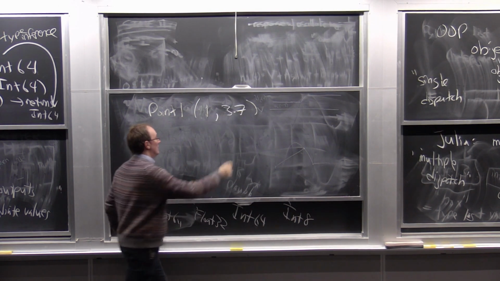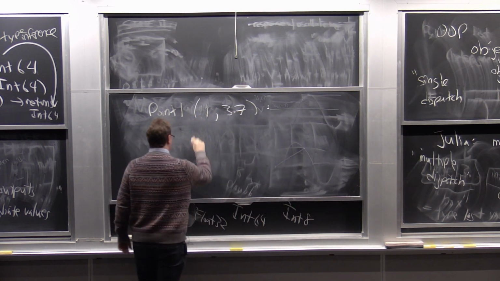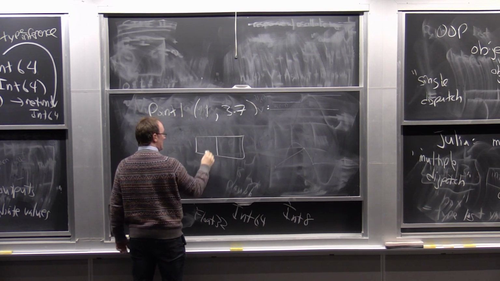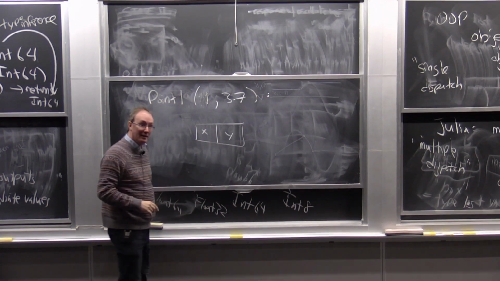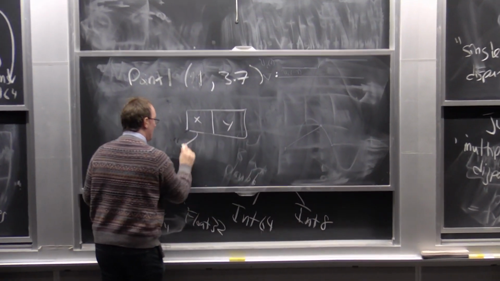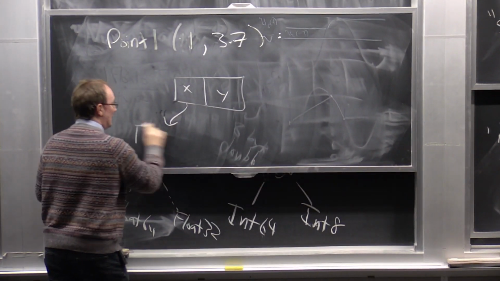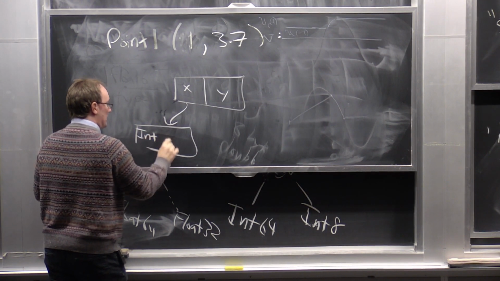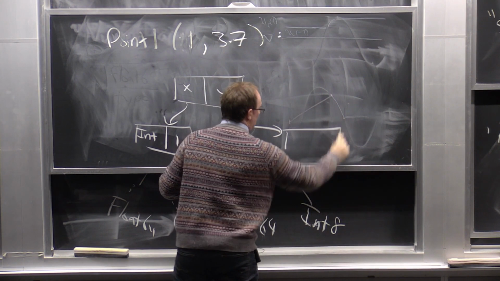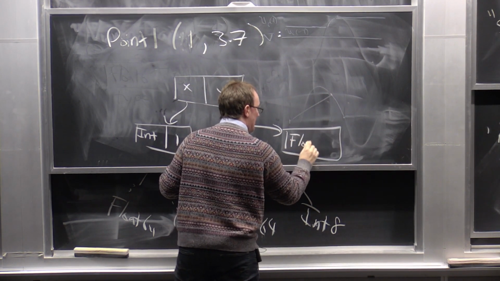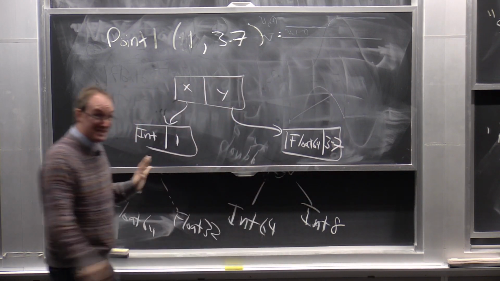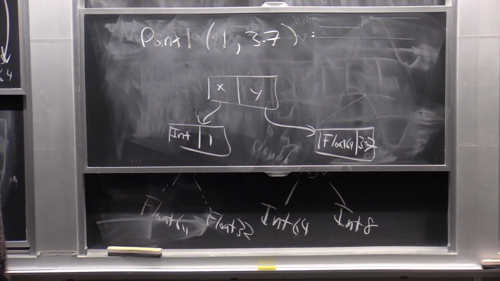In memory there's an x and there's a y, but x and y can be of any type, so that means they have to be pointers to boxes. There's a pointer to int 1, and there's a pointer to a float64, in this case 3.7. So this already we know is not going to be good news for performance, right?